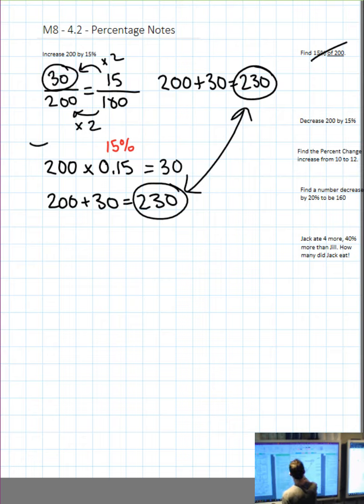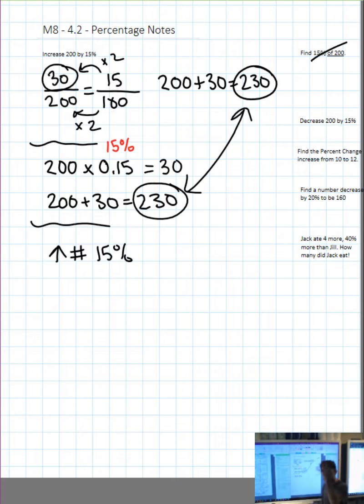So we can do is over of and then add it. We can multiply by the decimal to get it. Or, if you think about it, if you want to increase a number by 15%, for example, let's say I start off with this calculator. What percentage of this calculator do I have? 100%.